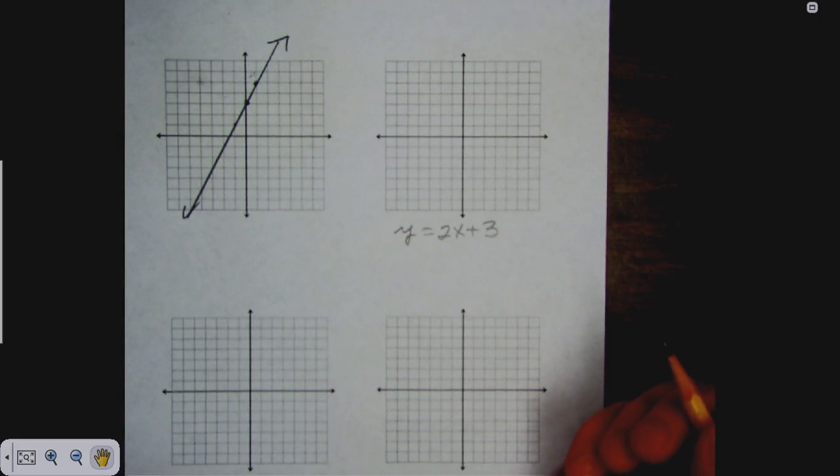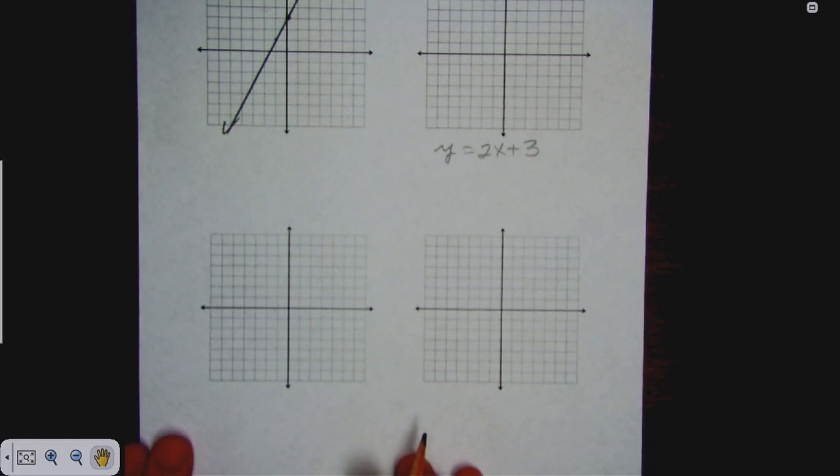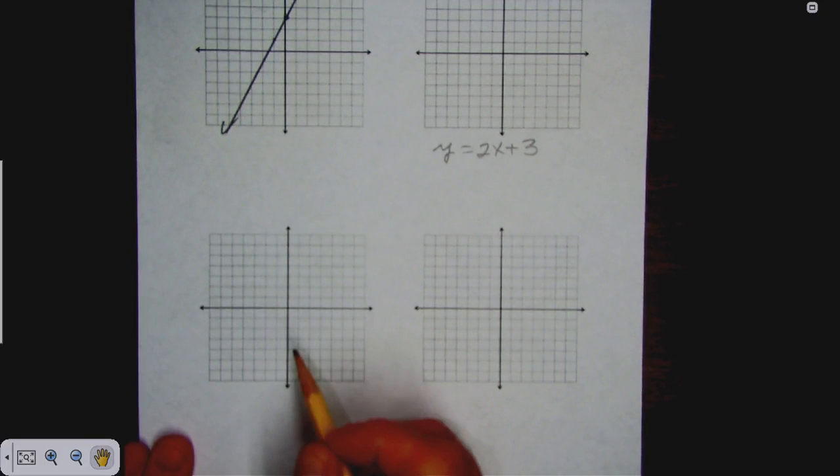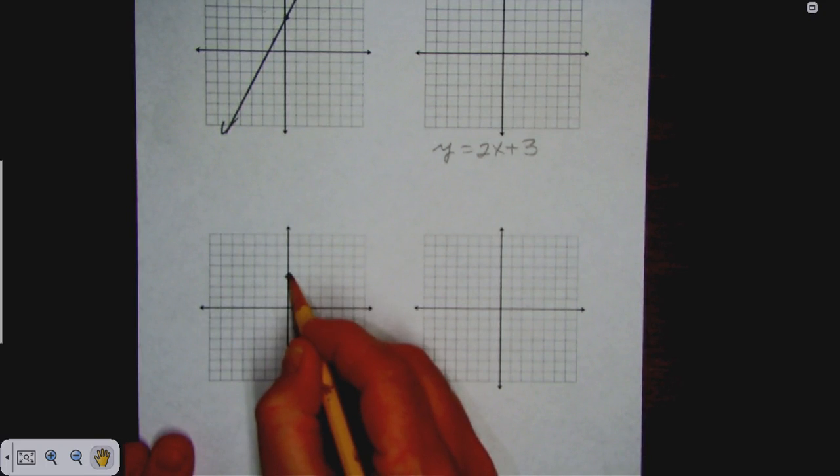Well, before we get to this, let's go down over here and just think about something. And that is, when I have a y-intercept, what is the value of x? So, like in the one we're dealing with, the y-intercept is 3. So it crosses the y-axis at 3.